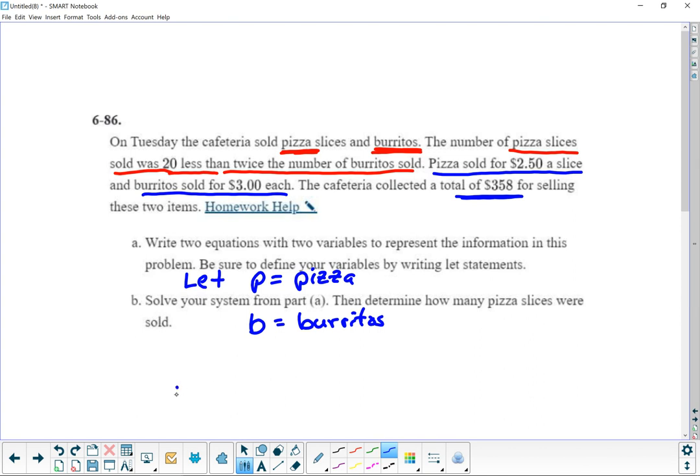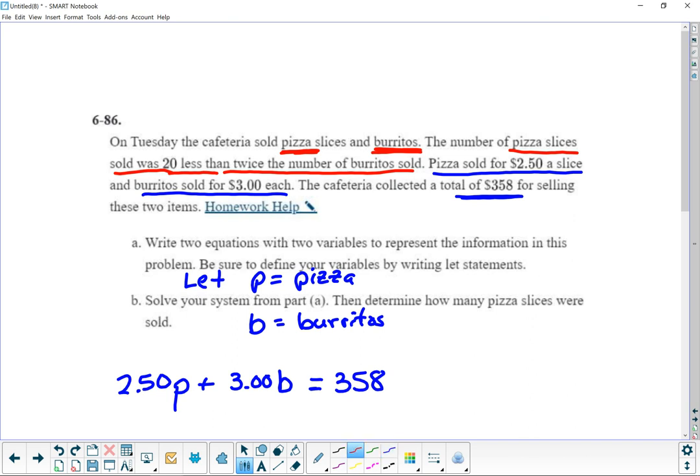So for a pizza slice, I'm going to use P times $2.50 plus, for a burrito, B times $3. That total is going to come out to $358. So this first equation is all about money.